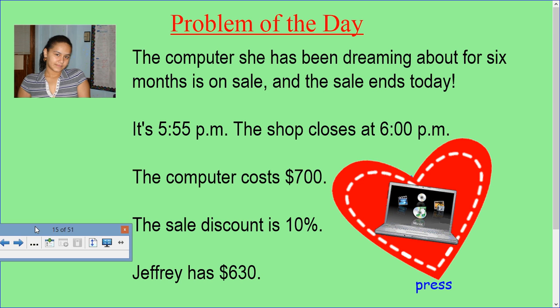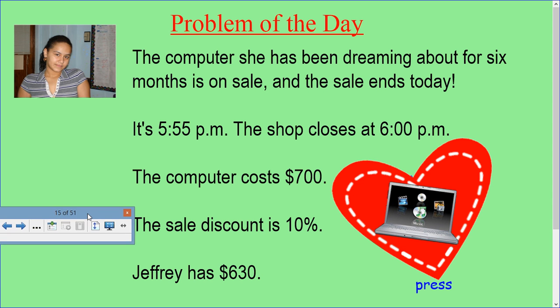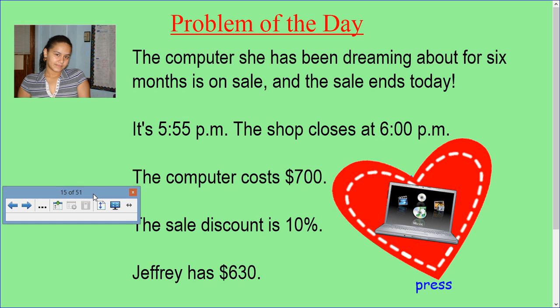So here we have Tiffany has a computer that she's been dreaming of for 6 months. It's on sale, and the sale ends today. It's 5:55 p.m. The shop closes at 6 p.m. The cost of the computer is $700.